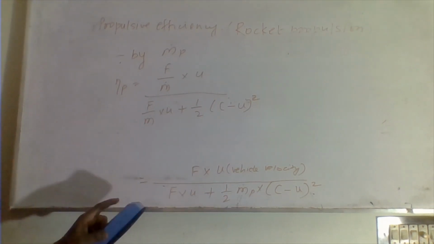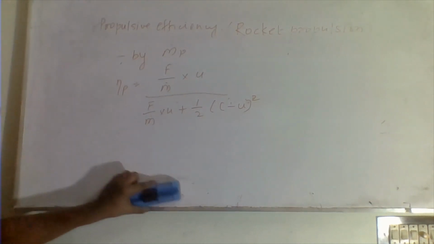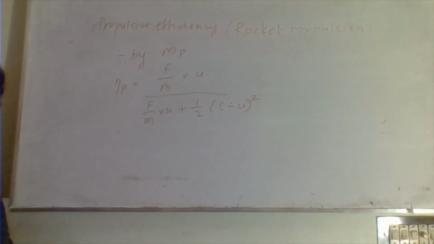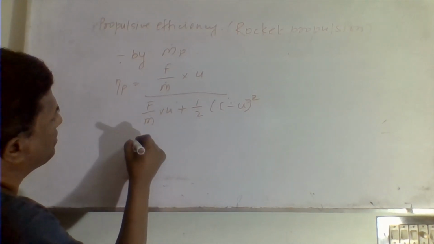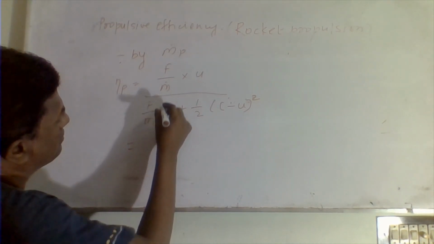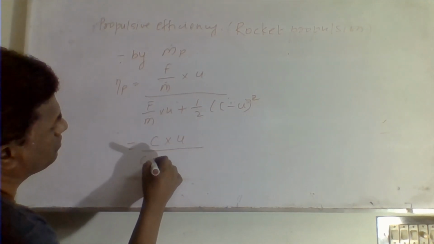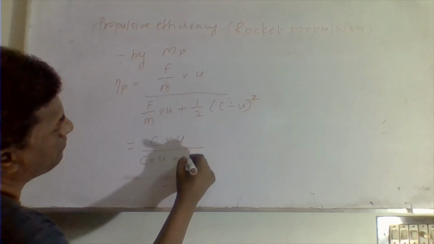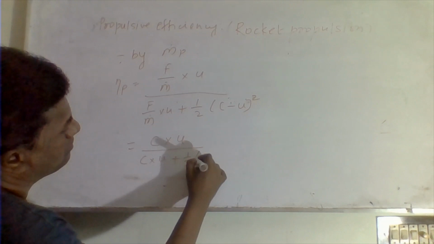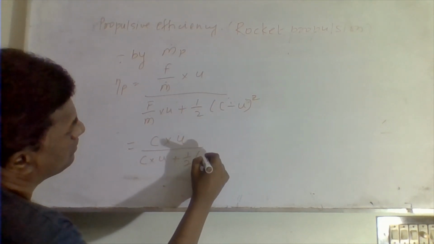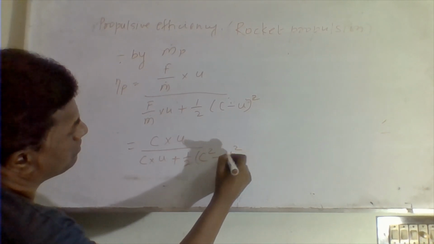Now how is this further simplified? F by m dot is nothing but the effective exhaust velocity C. So this is C into U divided by C into U plus half of this, which we can expand using the formula: C square minus 2CU plus U square.